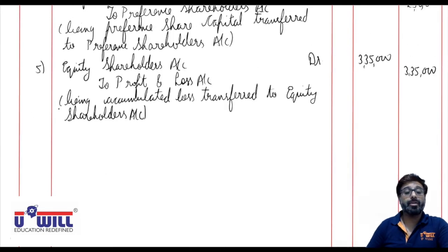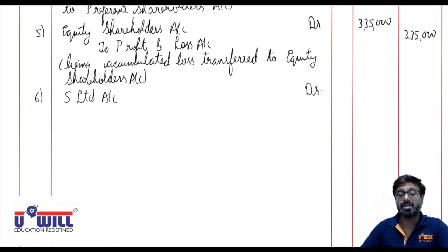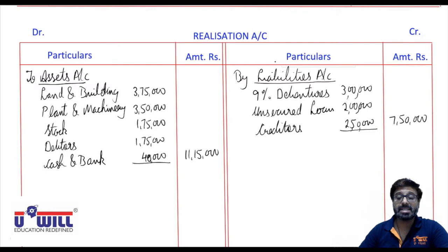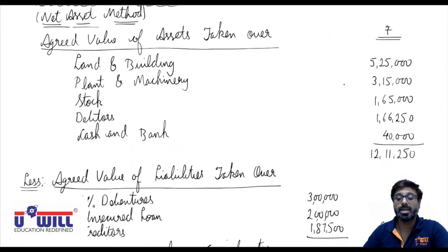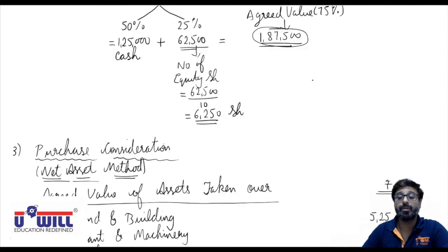Now we begin the entries. 6 and 7 are for purchase consideration. First, purchase consideration due. Amount is receivable from transferee company S Limited, debit the receiver. S Limited account debit to realization account. What purchase consideration did we calculate in the workings? 5,23,750.